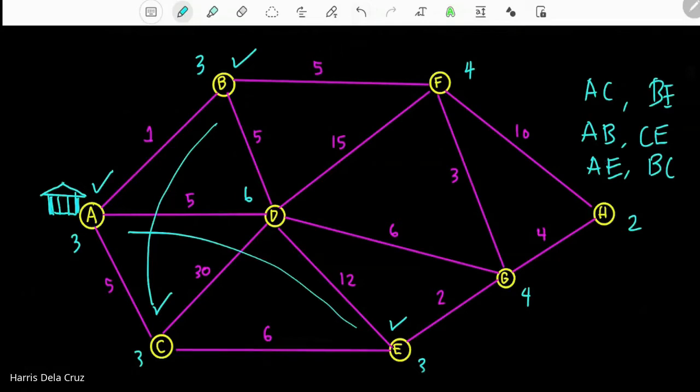So let's check the additional weight due to these pairings.